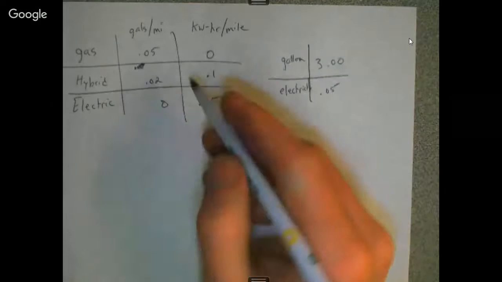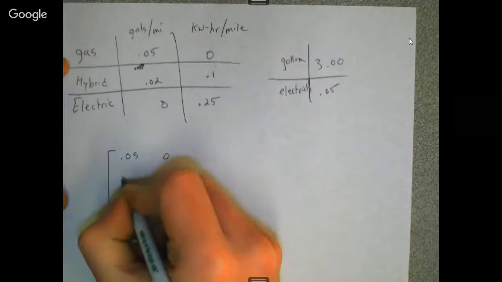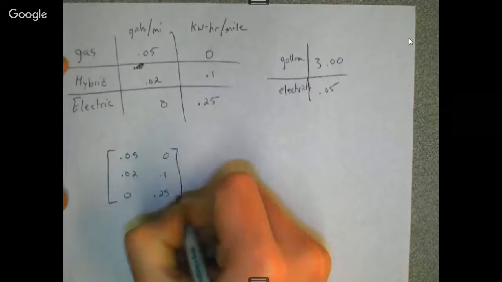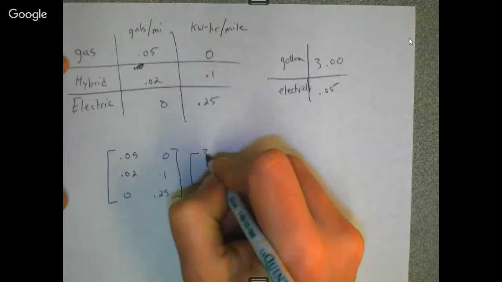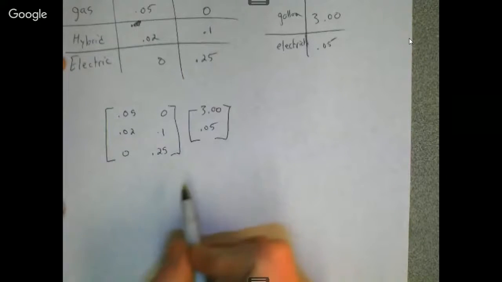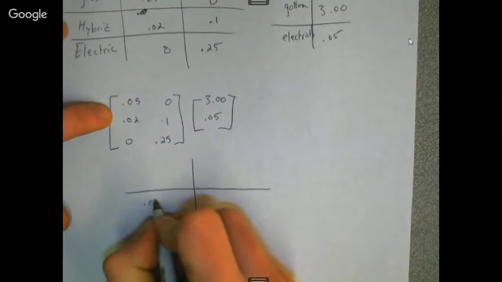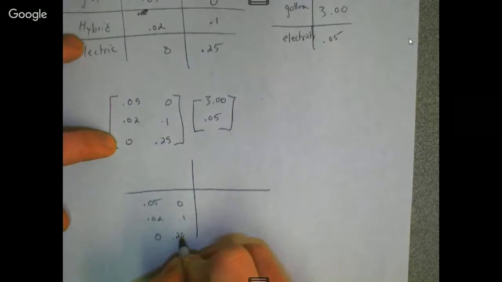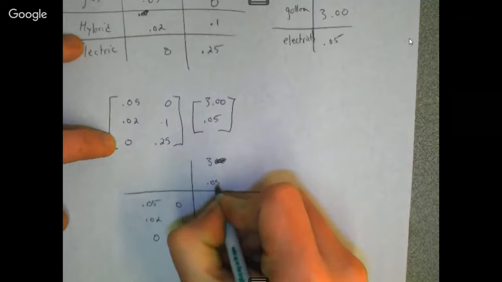So what we'll do is we'll just set them up in a matrix, which they already kind of are. And we'll just multiply them together. So there's what I'm going to multiply together. Again, our first matrix here goes down here. And then our next matrix, we'll just change that to a 3, and then 0.05 goes there.